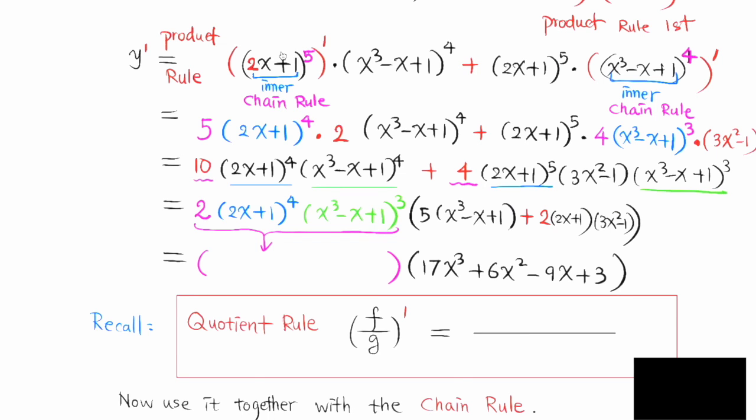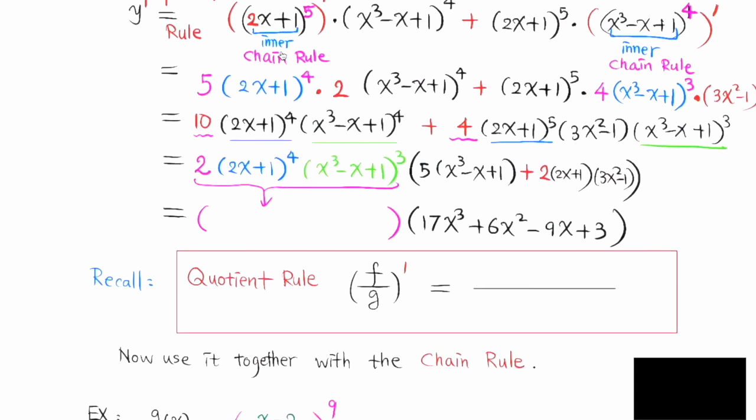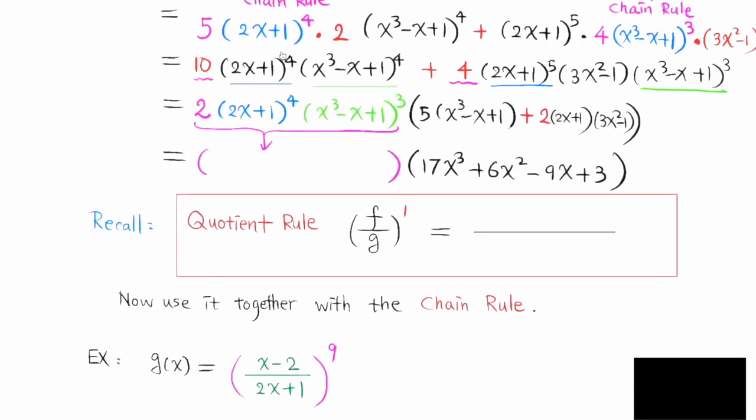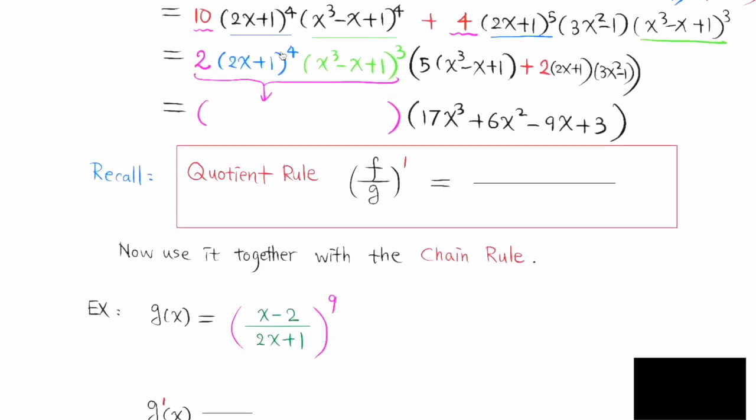So do the algebra. That's how you do it. After you use the product rule here and the chain rule here and here, you can take out the common factor in front and simplify inside the parentheses. So that was using the product rule together with the chain rule.